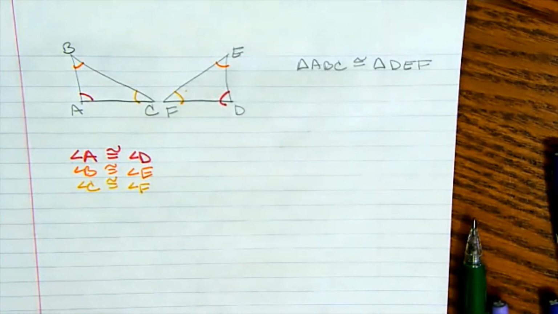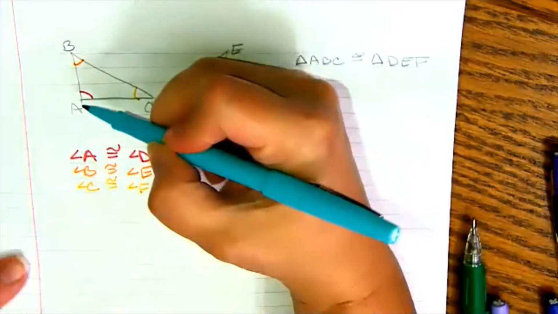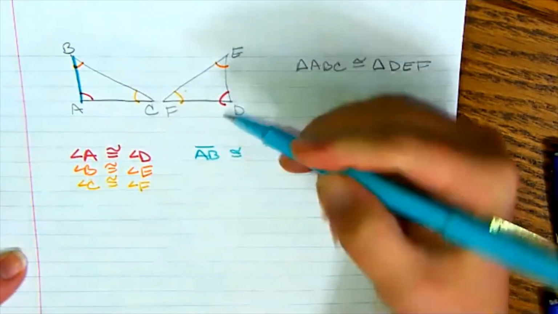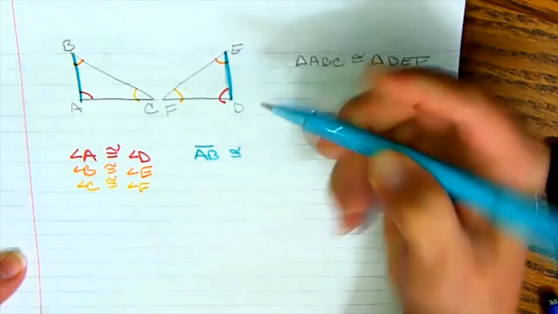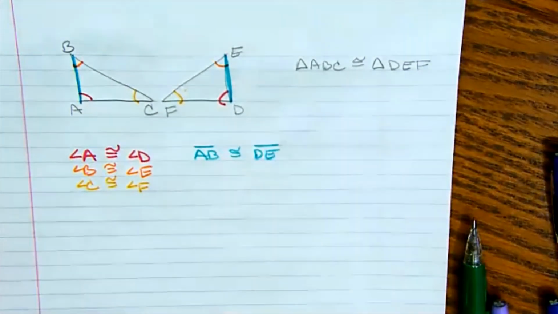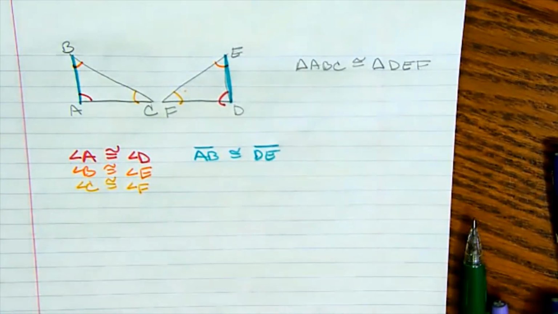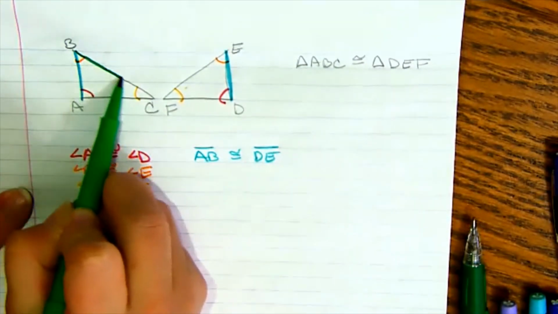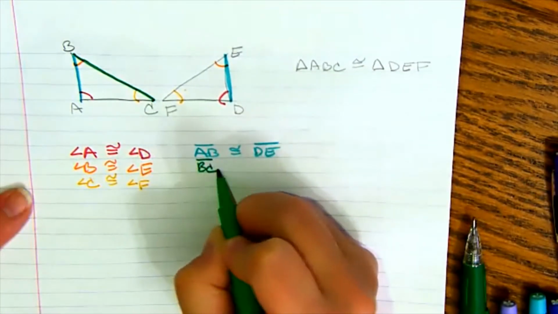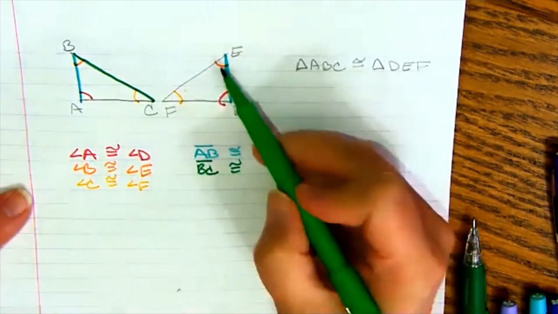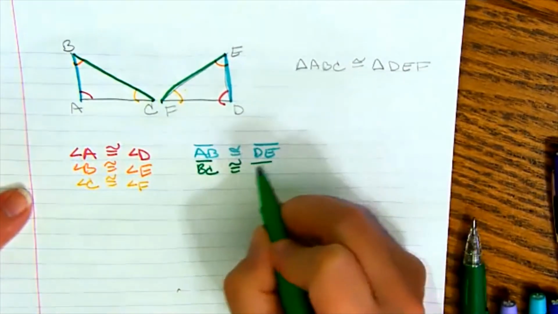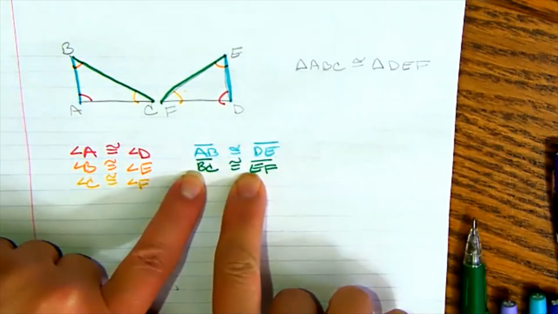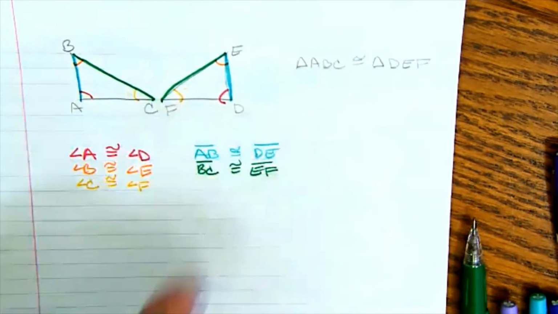And the same is true for the sides as well. Here we go. Side AB is congruent to side DE, just like before. Side BC is congruent to side EF. And we want to make sure our congruent points are labeled in the same order.